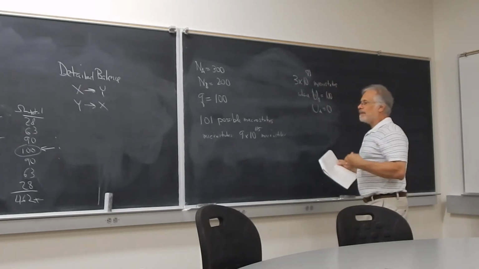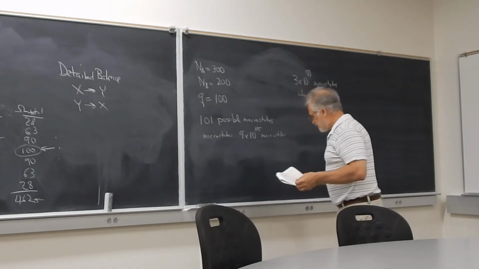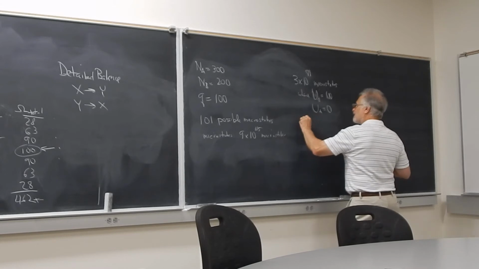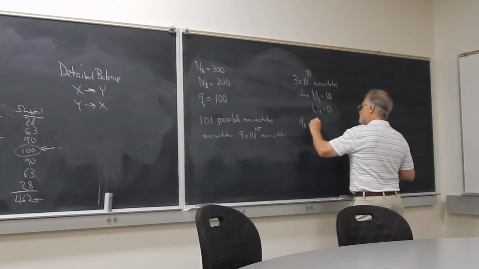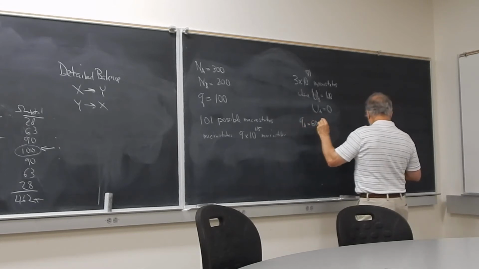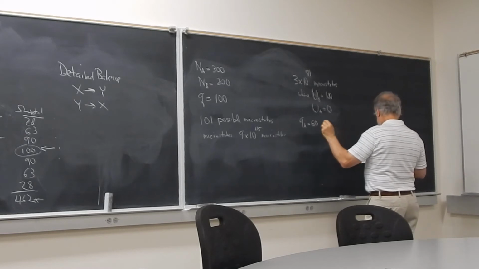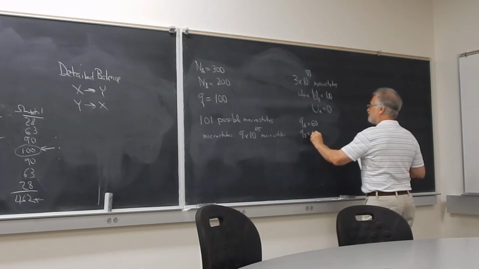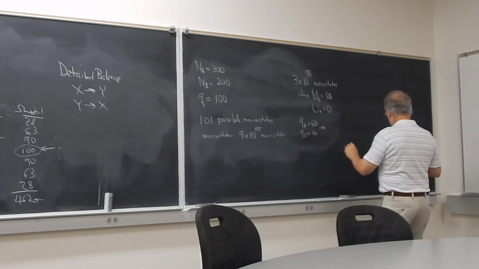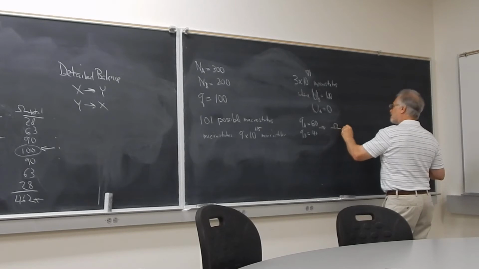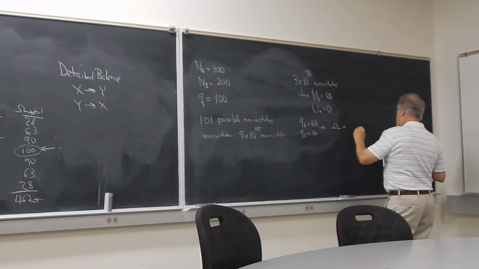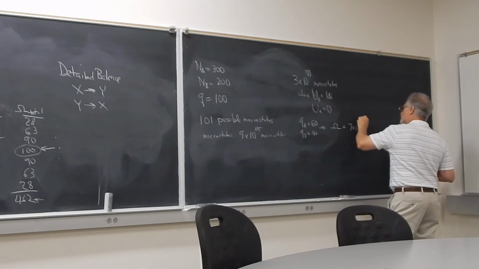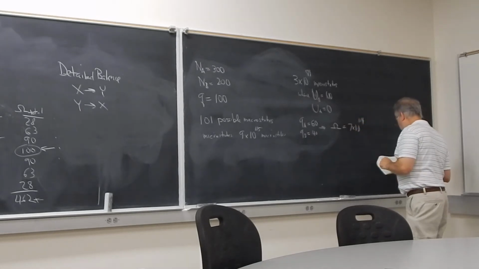On the other hand, the most probable configuration, as it turns out, is that QA is equal to 60 and QB then is equal to 40. That number of microstates turns out to be something like 7 times 10 to the 114th power.